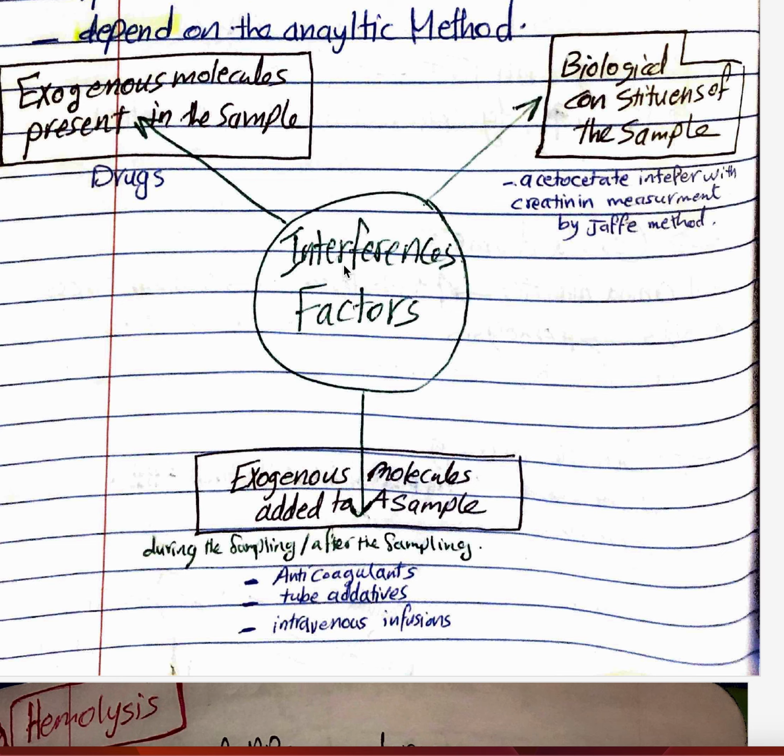So these are examples of the interference factors: exogenous molecules already in the samples, exogenous molecules that we add into the samples, or biological constituents already present in the sample, like acetoacetate, which interferes with the creatinine measurements by the Jaffe methods.